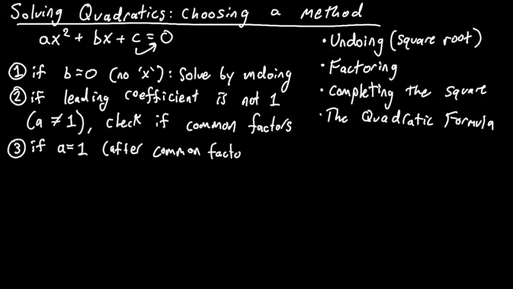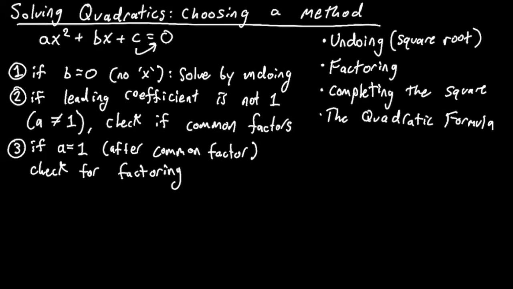So if either you start with an a value of 1, or after taking out common factors you end up with an a value of 1, the next thing you want to check for is factoring. And if a is 1, it's going to be pretty easy to check for factoring. We're just looking for factors of c that add up to b.